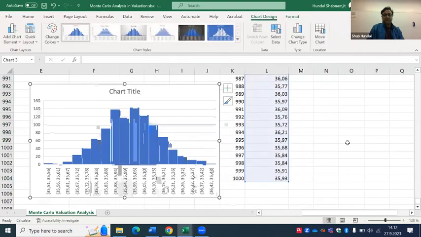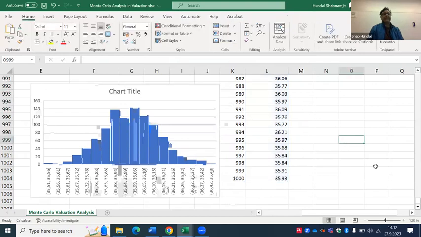And guess what? All these 1,000 values are plotted. The data is not normally distributed.